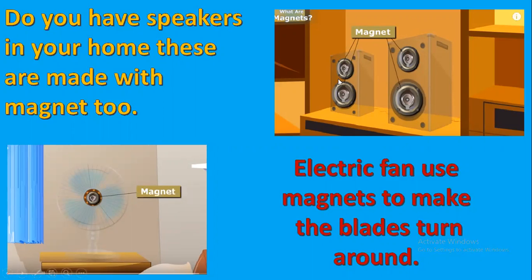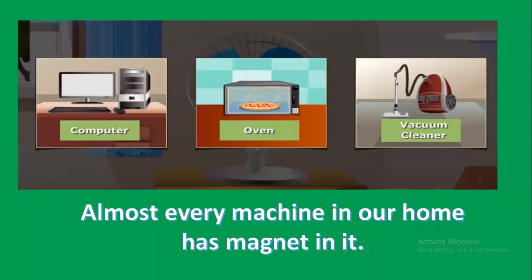Electric fans use magnets to make the blades turn around. We also have many things in our home, like computer, microwave oven, washing machines, vacuum cleaner. Almost every machine in a home has a magnet in it.